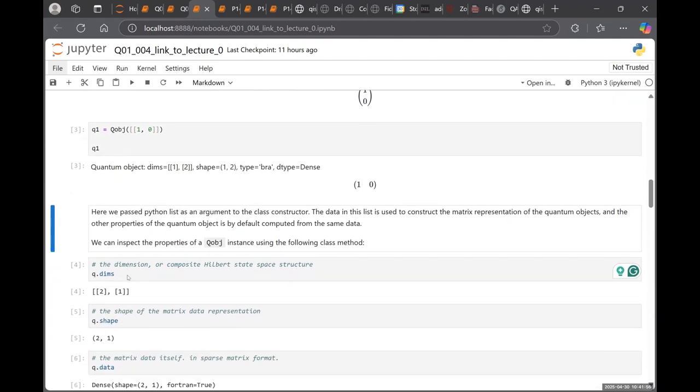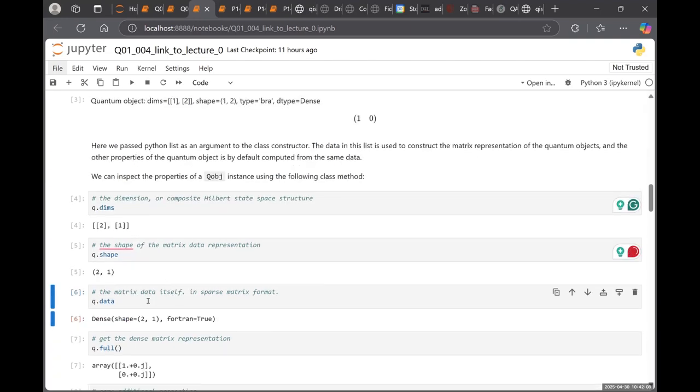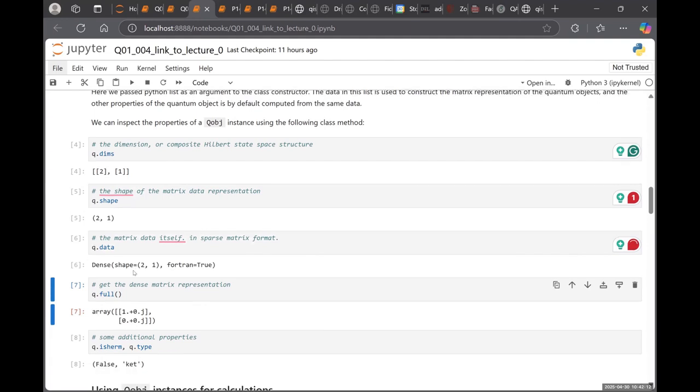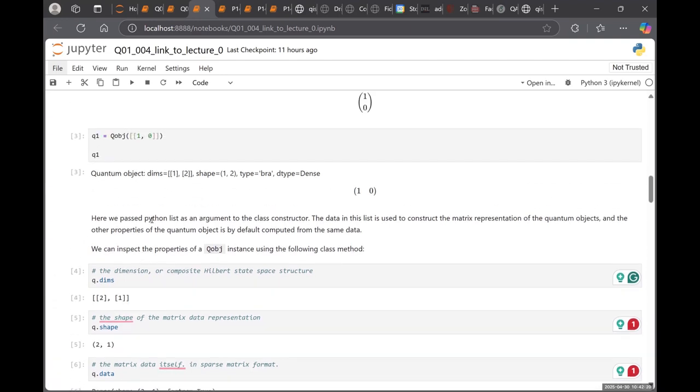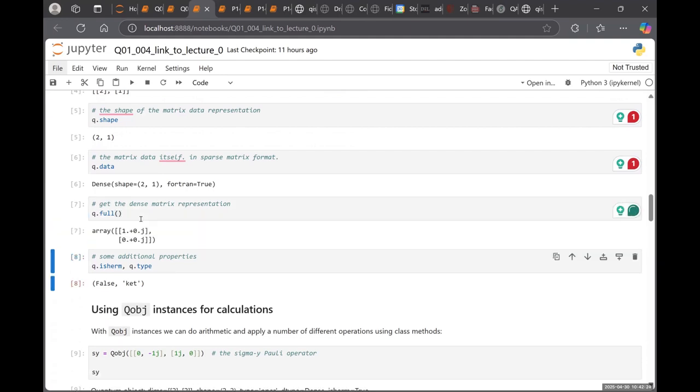Okay, so you can ask the dimensions, 1 and shape. Okay, matrix data. So this is basically what is about the list or matrix. Okay, and what is this? And you can also have these.